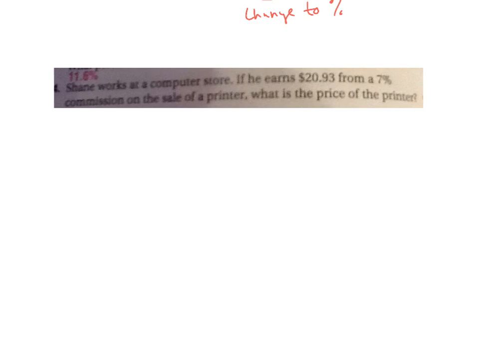This one's a little bit different. This one tells us that he earned $20.93 from a 7% commission, and it wants to know the price of the printer. It's the opposite of what we're doing. So we're finding original price with given commission.